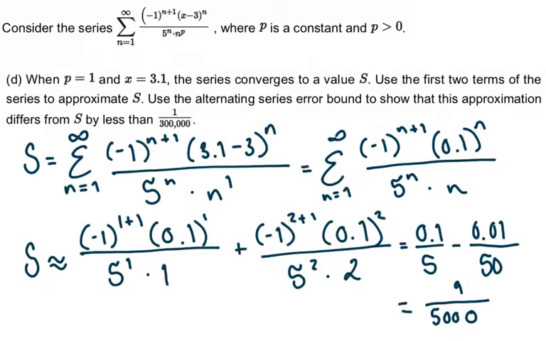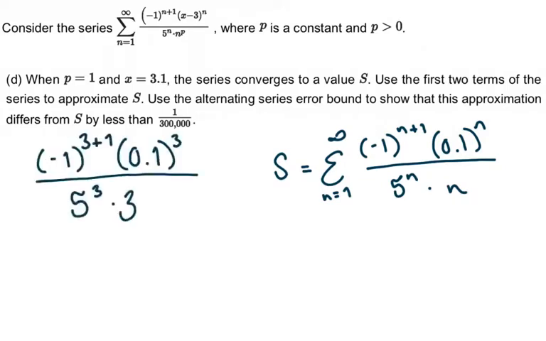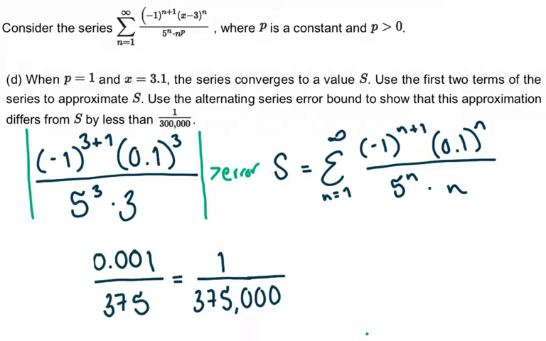So just a heads up, I'm going to erase some stuff. So let's first write that third term. Okay, so here's our third term, and we want to remember that the error is going to be less than this. So if we simplify that big fraction, now we know that the error has to be less than 1/375,000th.